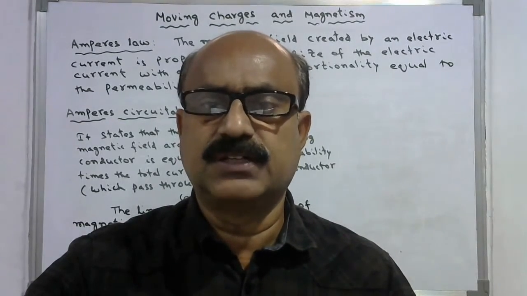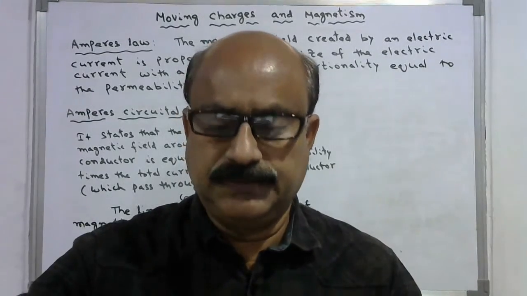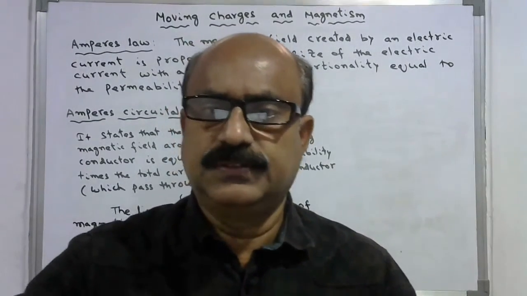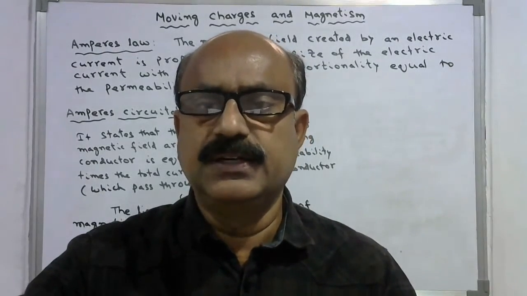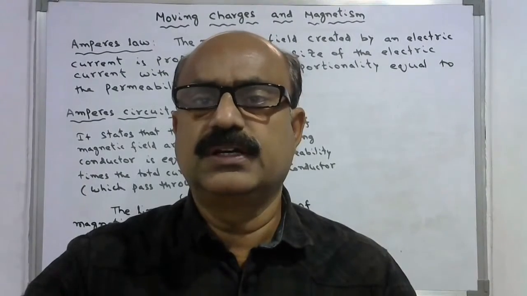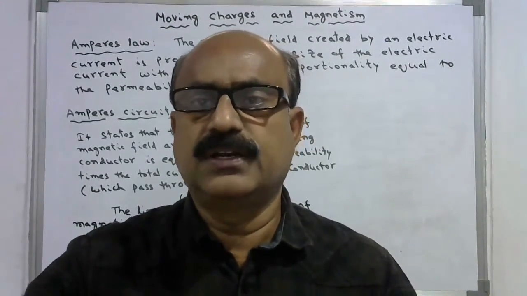In this particular video lesson, I will teach about Ampere's law, Ampere's circuital law, and the application of Ampere's law and Biot-Savart law. According to Ampere's law, we can determine the magnetic field intensity due to a straight current carrying conductor at any point around it.